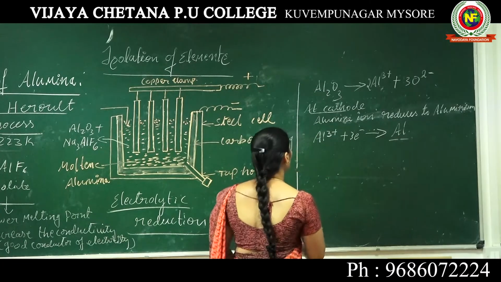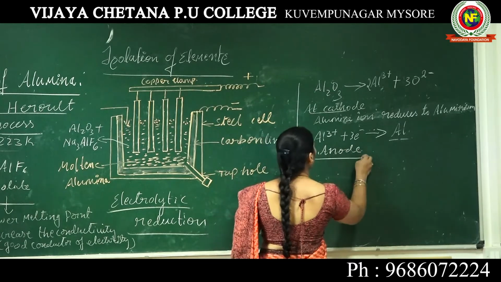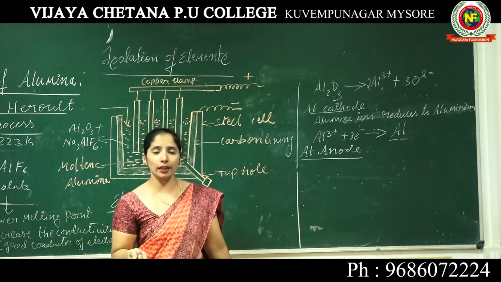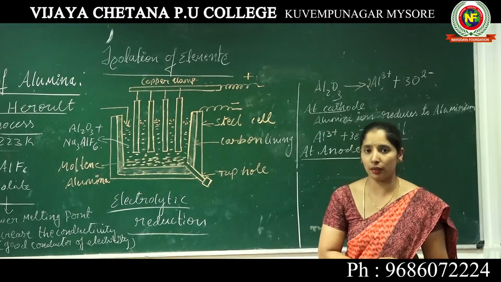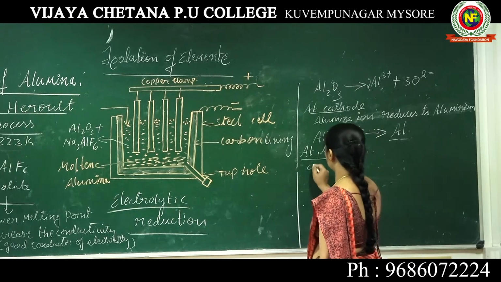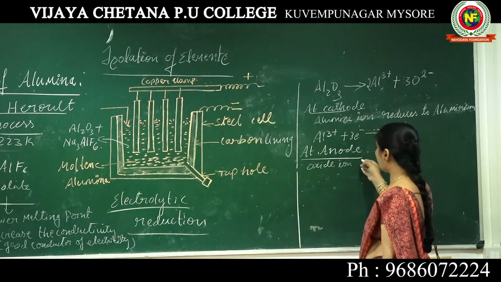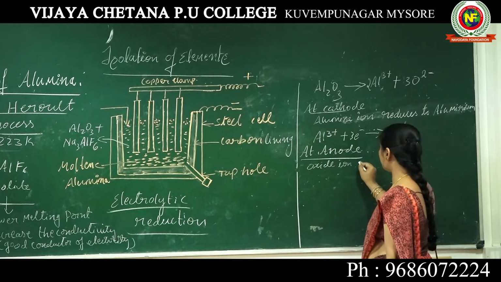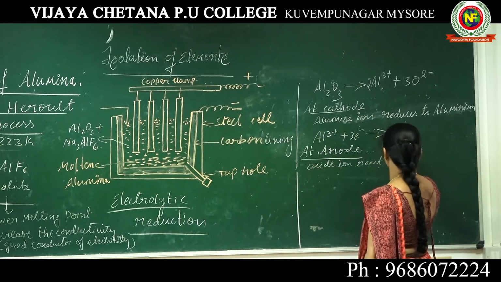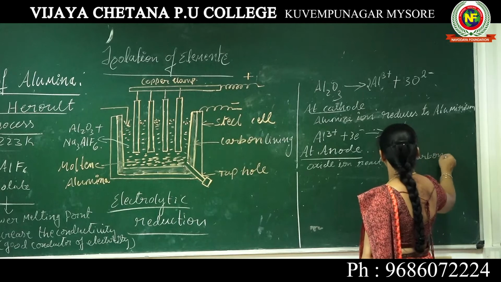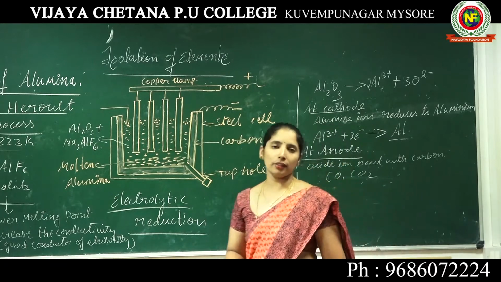So now come to the anode. At the anode, the oxide ion combines with the carbon to form what? The carbon monoxide and CO2.